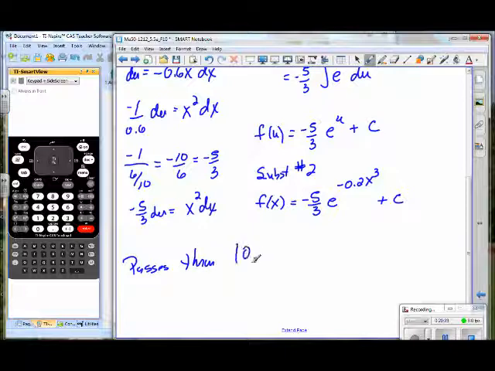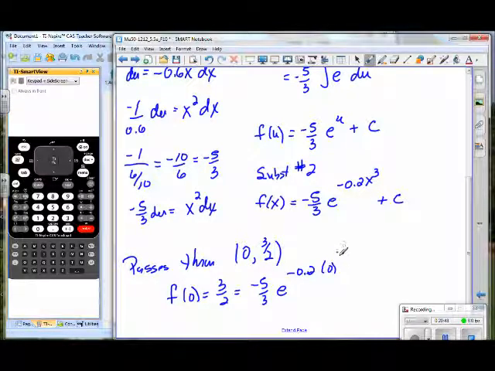So now if it passes through the point 0, 3/2, we know that f of 0 equals 3/2 equals negative 5/3 e to the negative 2/10, and because our input is 0, 0 cubed plus c.